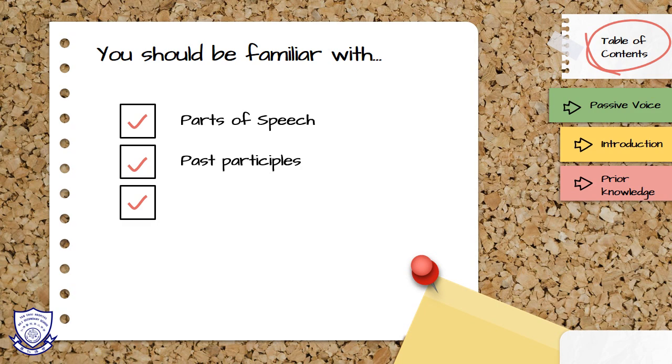Originally it should be go, but when you write go in the past perfect tense, you should write it as a past participle. So the spelling will be different. It will become gone, gone. And lastly, you should also be familiar with the structure of basic sentences.